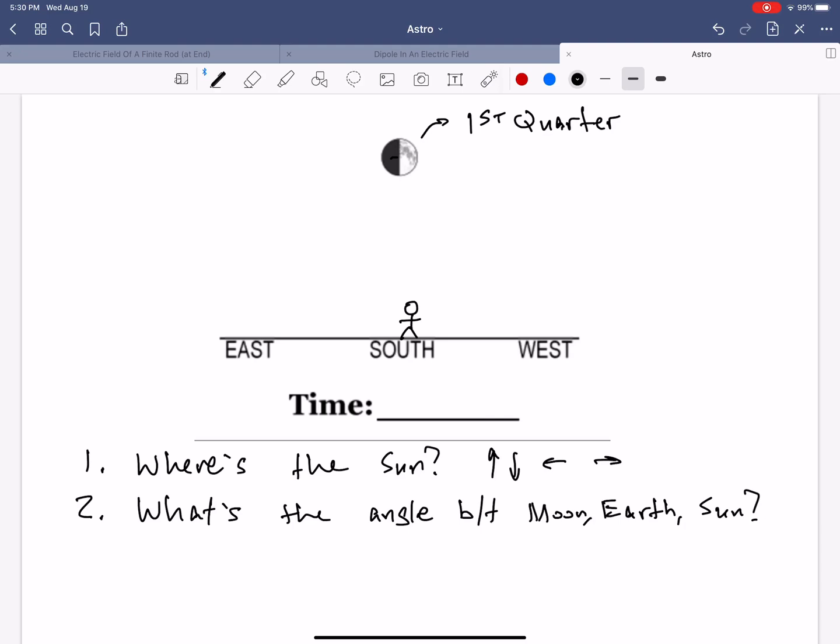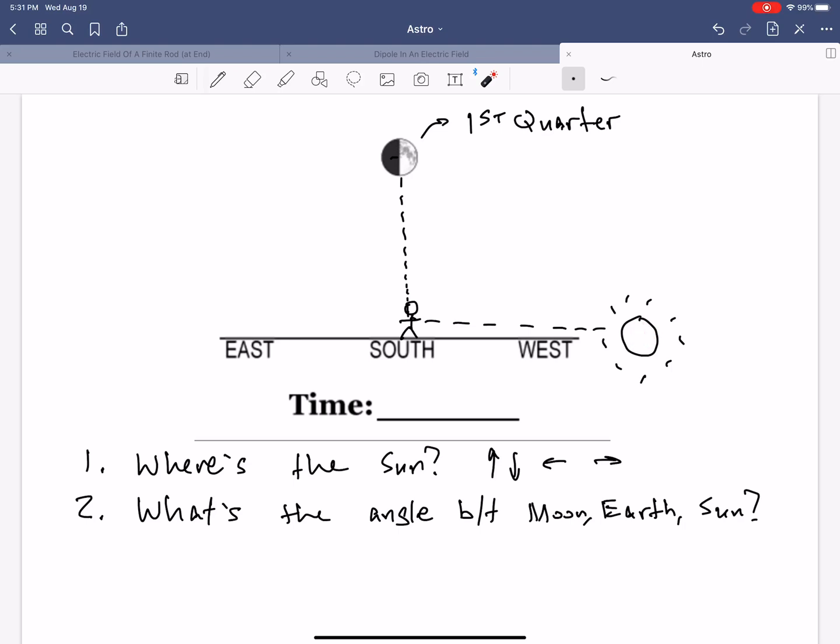So if we draw a dotted line from the moon down to our observer standing on the Earth, and then a right angle to the right side, from step one, that means the sun has to be over there. It's on the western horizon, because we combined the fact that it's on the right half, or western half, of the moon, and from the phase name, it has to be at a right angle. So thus it has to be right here.